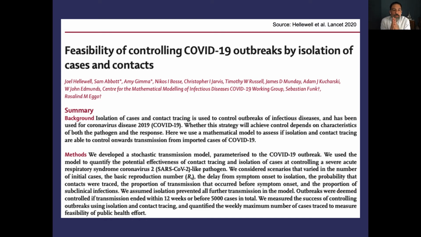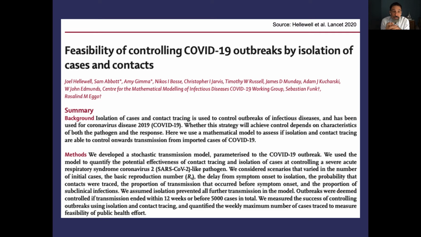So they were looking to see how the likelihood of controlling outbreaks varied based on the number of initial cases that were introduced into the population, based on low, medium, and high estimates of what the basic reproductive number is for SARS-CoV-2, based on how long it takes between symptom onset and isolation, and the probability that contacts were traced.